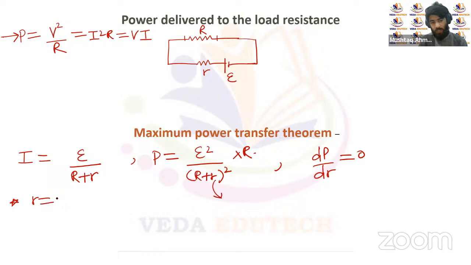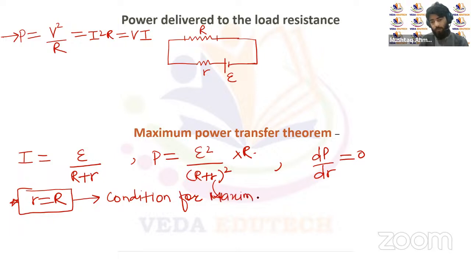We'll get that the internal resistance, small r, should be equal to the external load resistance, capital R. This is the condition at which the maximum power will be delivered by the battery to the external load resistor R. So this is the condition for maximum transfer of power, and this is what we call the maximum power transfer theorem.